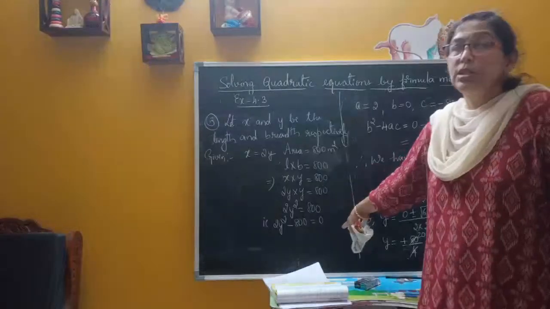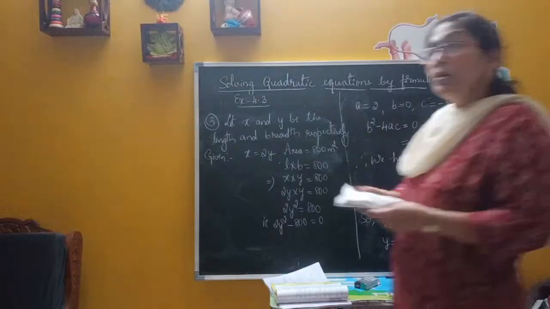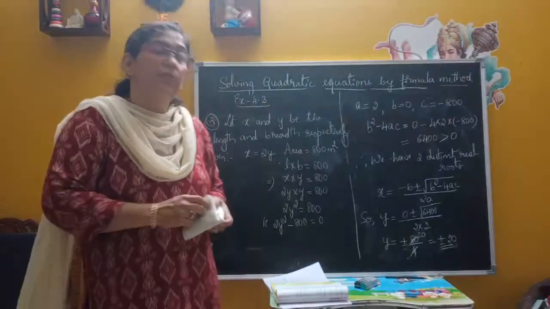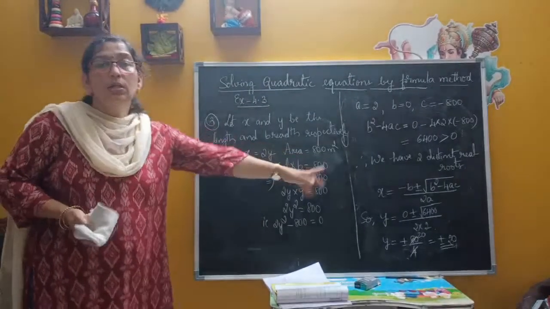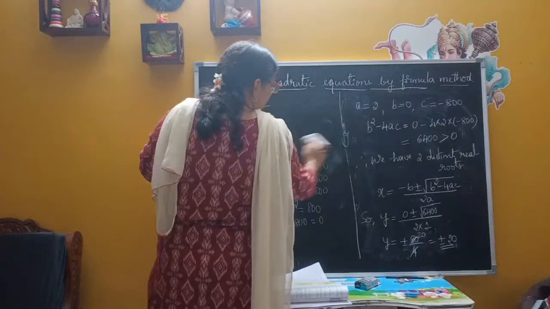Because this is a dimension. We need length and breadth measurements. For measurements, we have to always take positive values. So let us consider only the positive values.